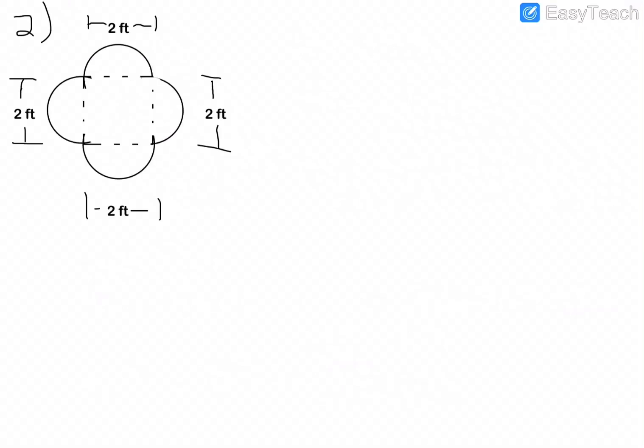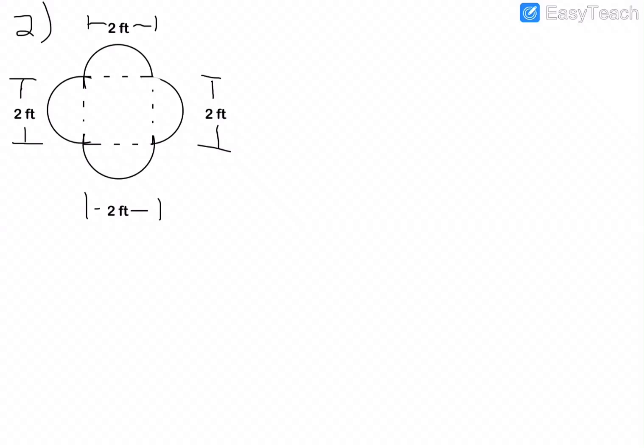Okay. Here's another example. I put some circles in here, or some semicircles, I should say. I did my best trying to draw this shape with the whiteboard here, so please forgive the drawing. But what we have here is a square, and then we have two full circles.